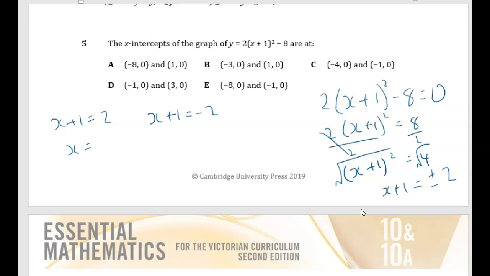So for this one, taking away 1 from both sides, and this one also taking away 1. So I've got x equals 1, x equals negative 3. Now, writing them as coordinates, that's (1, 0) and (-3, 0). So just looking for those two. Are they there? I can't see. There we go. Sorry, it's written in the reverse order, but it's all good.